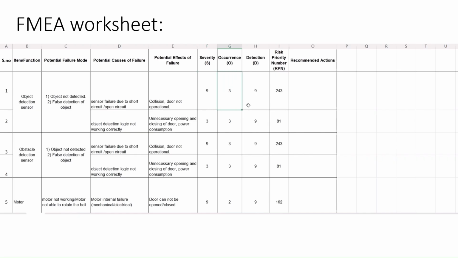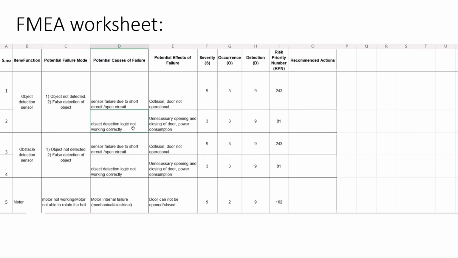And if something cannot be detected, it is again assigned the detection scale of 9. Since these kinds of failures are less likely to happen, the occurrence has been assigned as 3. So the RPN without any design improvement, in this case, is 243. That comes from 9 into 9 into 3.